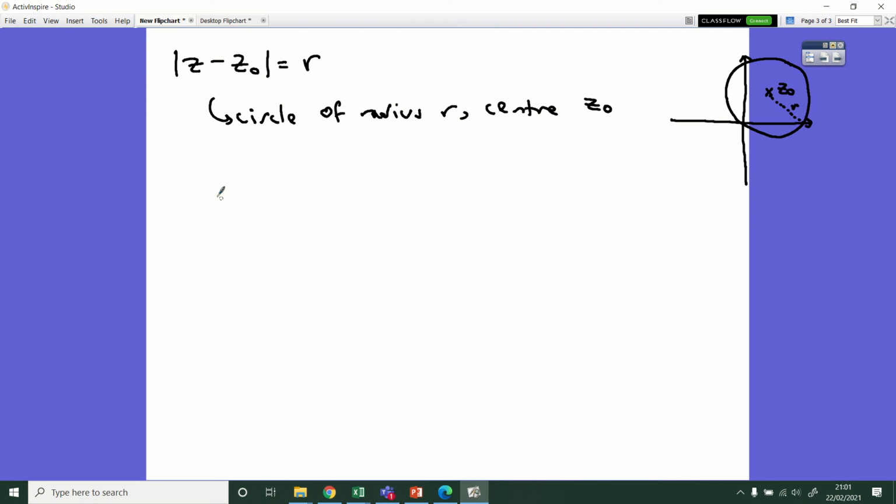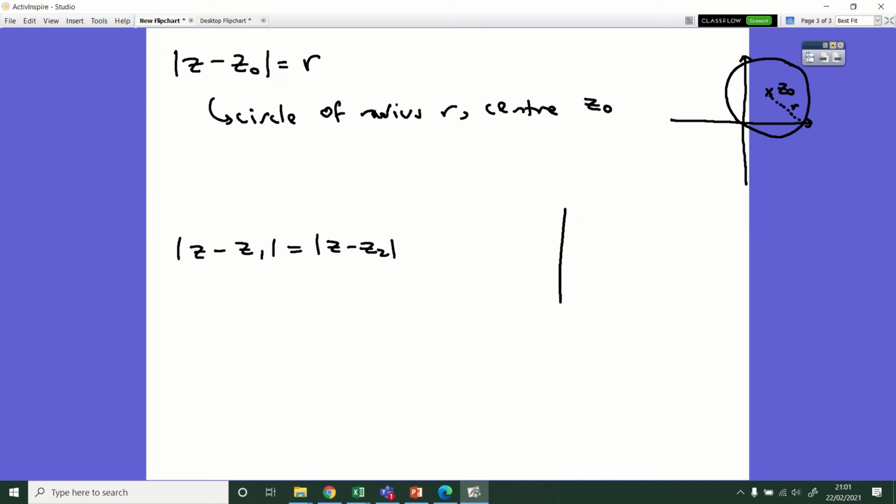If I have two of these and they're equal to each other, let's do the modulus of z minus z1 equals the modulus of z minus z2. Reading this as we have on the previous slide, this is saying the distance from z1 is equal to the distance from z2.